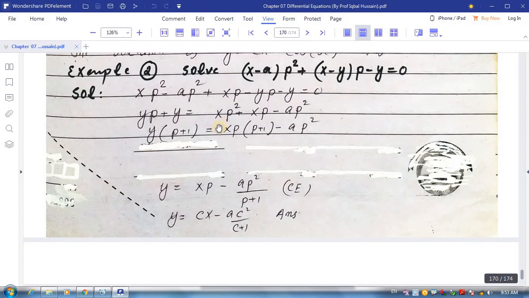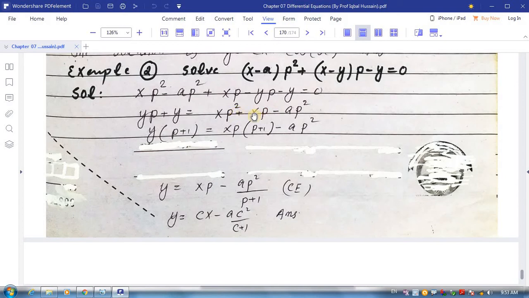Now we take another differential equation. This is a non-linear differential equation. Simplifying, taking these two terms, yp and y, these two negative terms to the right side, they will become positive, and the remaining terms will be here as they are.